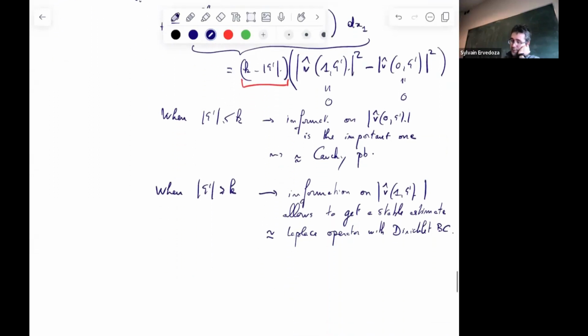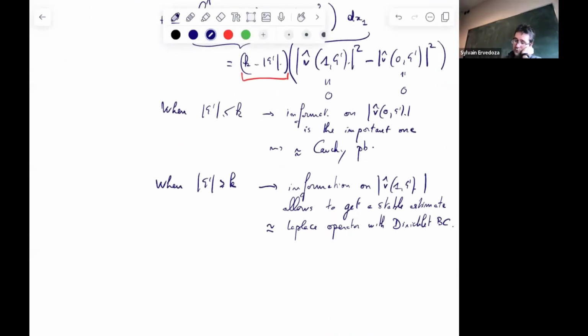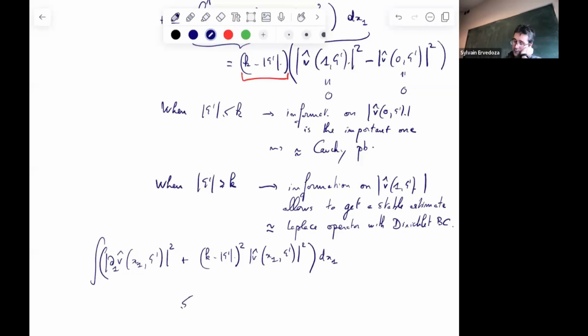But still, as soon as you have the above estimate, you see that the integral of d1 v hat of x1 psi prime squared plus k minus psi prime squared v hat of x1 psi prime squared dx1 is less than a constant times, well, the constant is 1, sorry, the integral of w hat of x1 psi prime squared dx1 and 0.